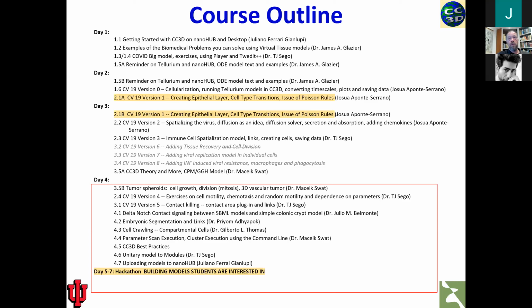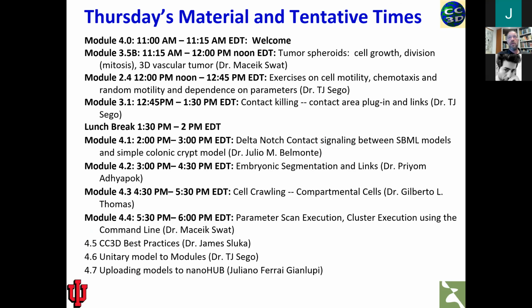And then I hope we'll get to a little bit of work that Giuliano has been doing on trying to make it easier to upload models to NanoHub. That's a great way to distribute models. If you're going to publish them, if you put them up on NanoHub, you can have a one-button ability for people to run and replicate your results. So that was our basic outline. We'll see how we do in terms of time.